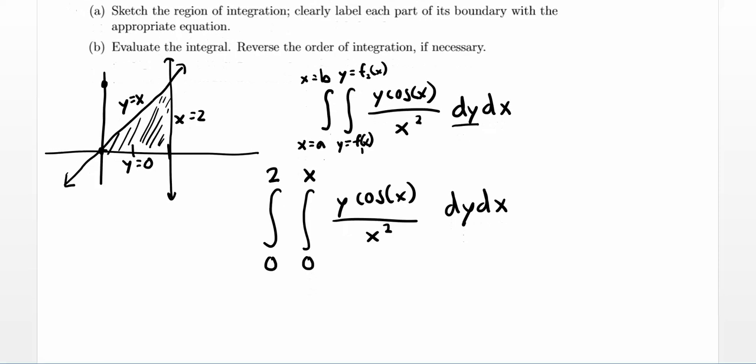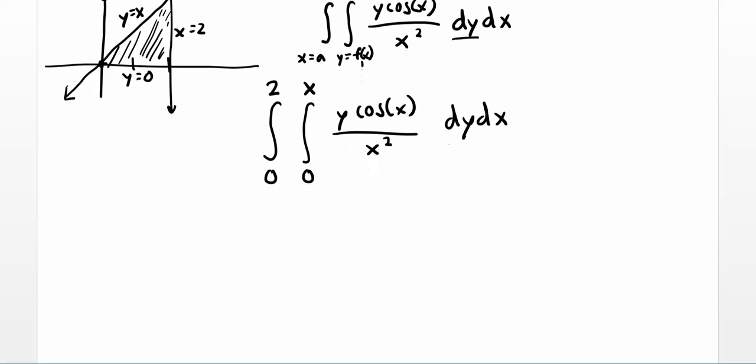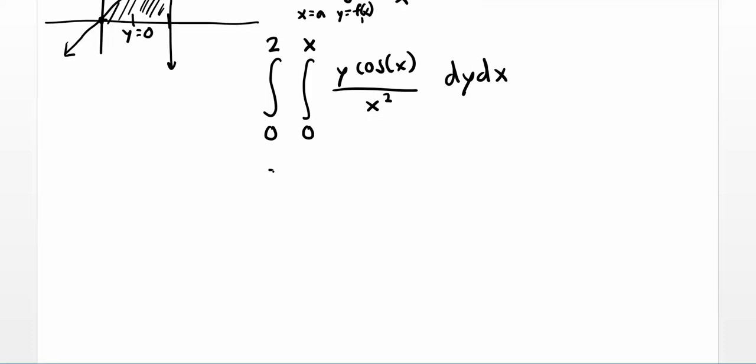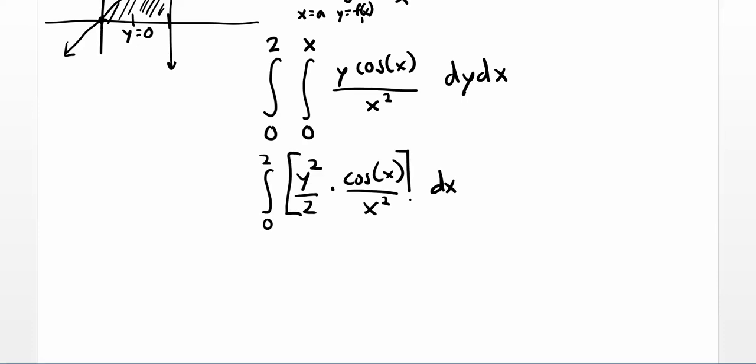Okay. Now, we can try to integrate this thing. We're integrating dy first, so all of this x stuff is constant, and we'll just integrate y. So we get y squared over 2 times cosine of x divided by x squared dx. We're going to evaluate this inner integral on its bounds from 0 to x.